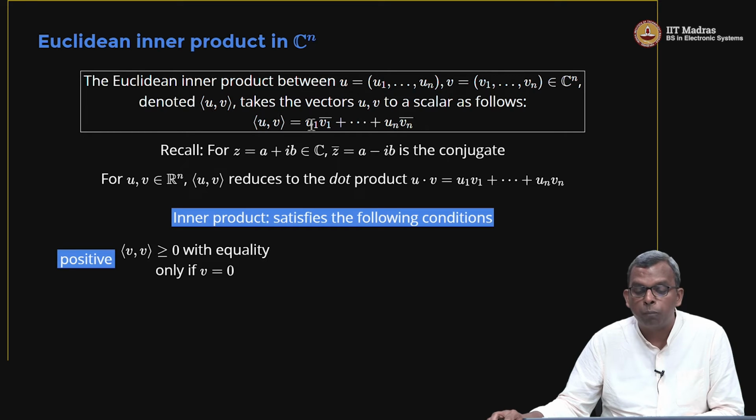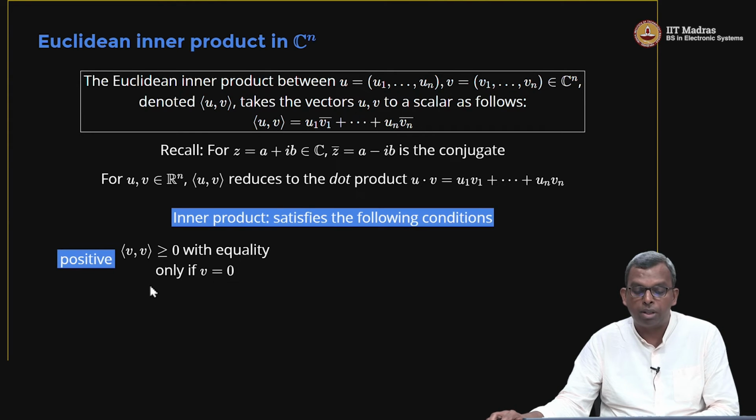So, v comma v is just v1 v1 bar plus so on till vn vn bar. So, it is the absolute value of v1 squared plus absolute value of v2 squared plus so on till absolute value of vn squared, okay. We will come back and revisit such products, but this is a very important, crucial property for an inner product, okay. So, inner product of any vector with itself is non-negative and equal to 0 only when you have 0, okay. So, that is the positivity property.